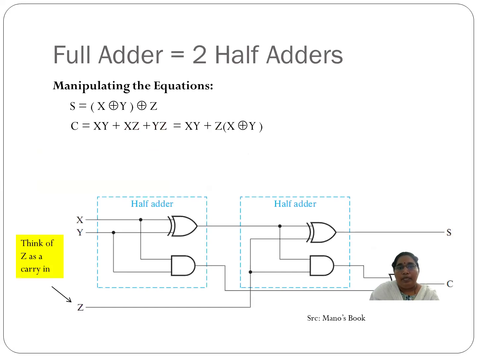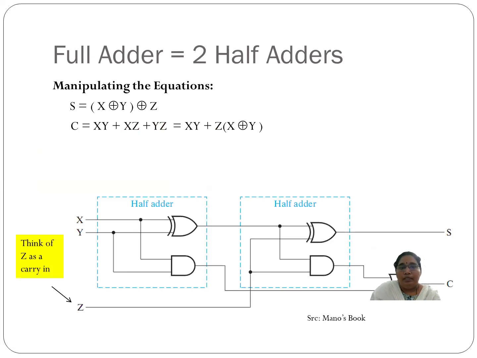To this sum, again we need to add the third bit, that is Z. So we are taking another half adder, and to that half adder we are giving the sum of the first half adder and the third bit that we want to add, that is Z. This second half adder's sum will give the final sum output.